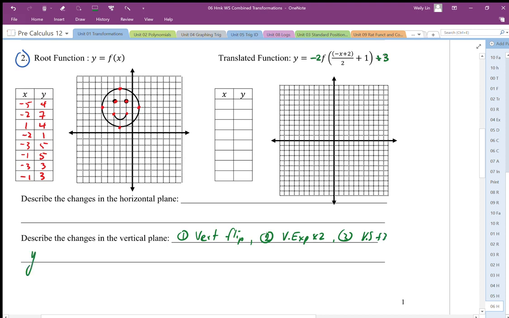So my equation looks like this: -2y + 3. And I'm going to apply that transformation to all the coordinates.